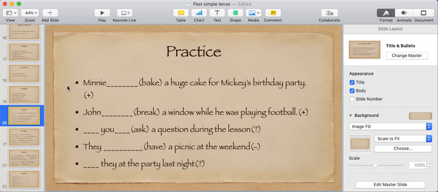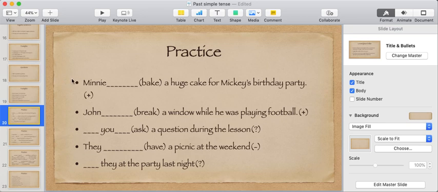Okay, let's try then. You can try on your paper, or if you use any mobile or portable devices, you can just capture the screen and then write down the answers.